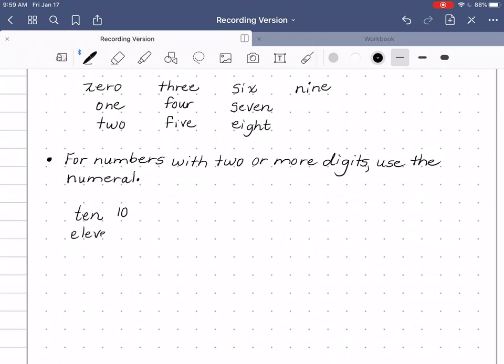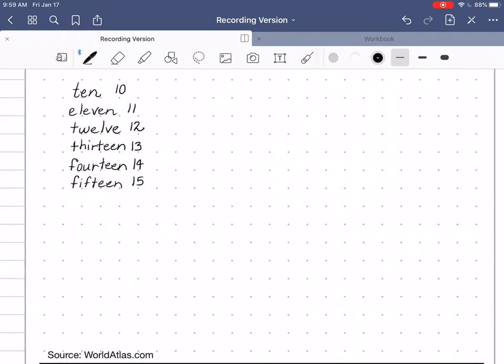11. 12. 12 is a tough word to spell for me, so it may be for you too. 13. 14. 15. 16. 17. 18.